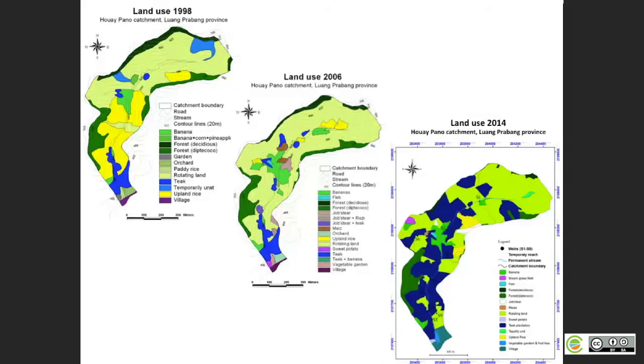Then in 2006, you see that there are more patches with teak plantations across the landscape, and in 2014, you see that now teak plantations are occupying the majority of the catchment. So within a bit more than a decade, you have a very strong land use change.